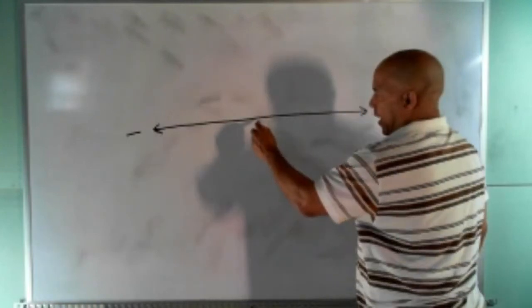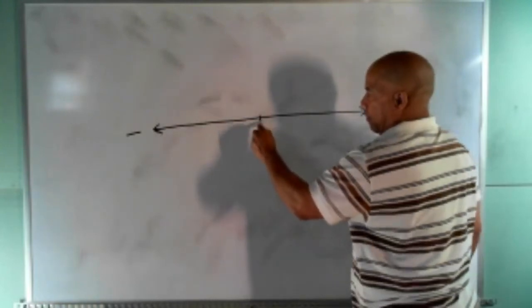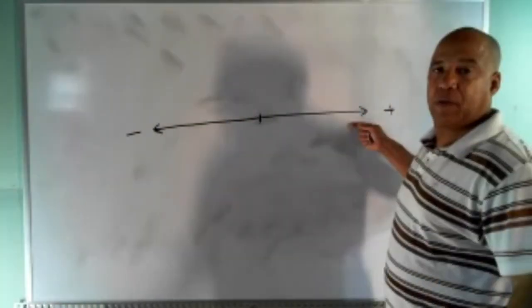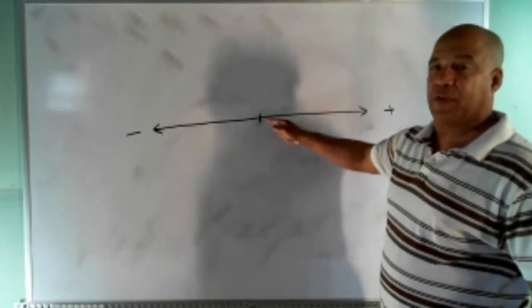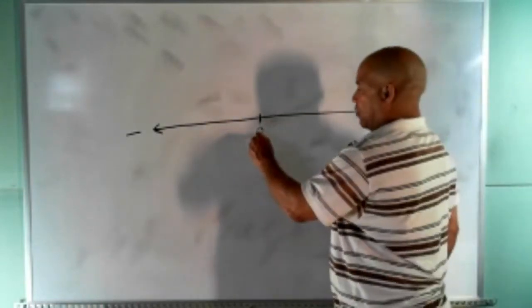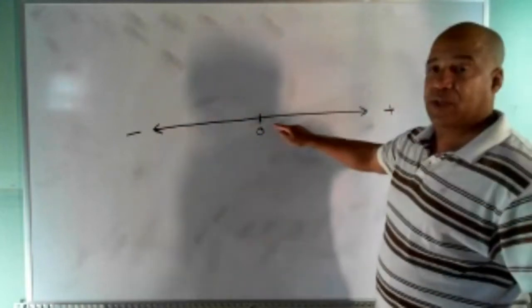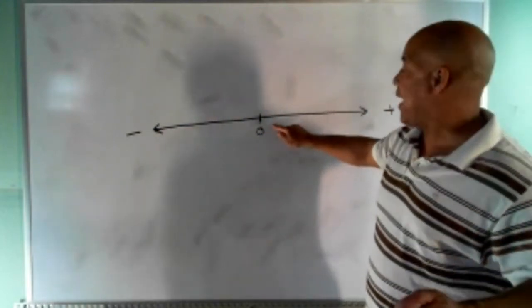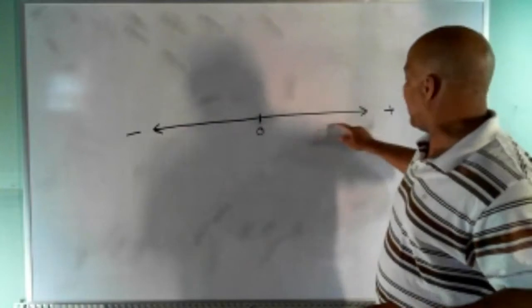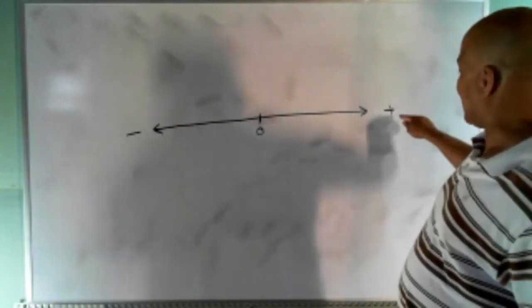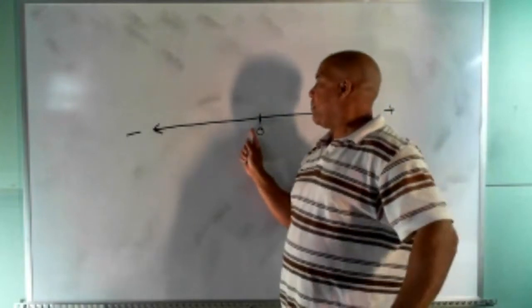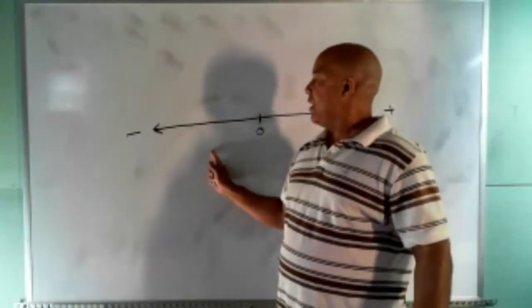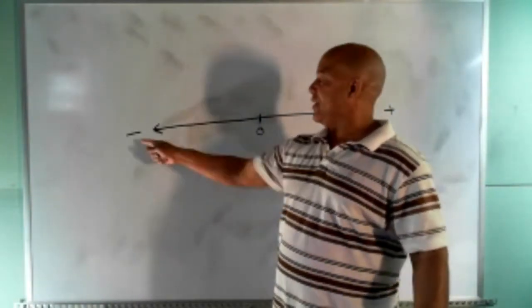And right here, if that's 0, I'll call it the origin. Everything to the right of the origin has a phase of 0, and that's indicated by the plus sign. Every number to the left of the origin has a phase of 180, and that's indicated by the negative sign.